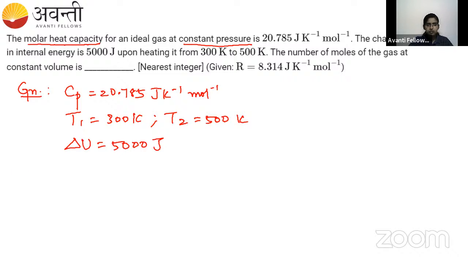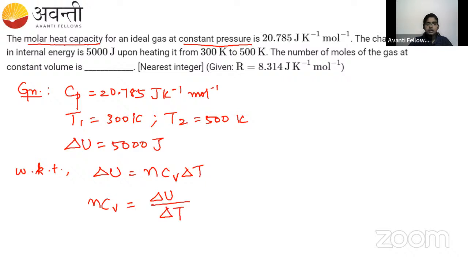We know that delta U is equal to nCv delta T. So from this, nCv is equal to delta U by delta T. Delta U is 5000 joule, and delta T, the change in temperature, is T2 minus T1, so 500 minus 300 is 200 Kelvin.